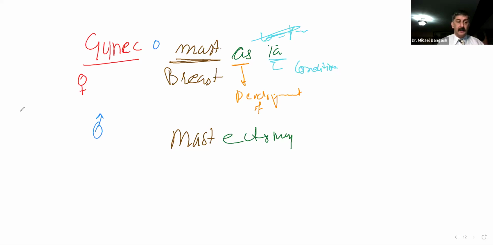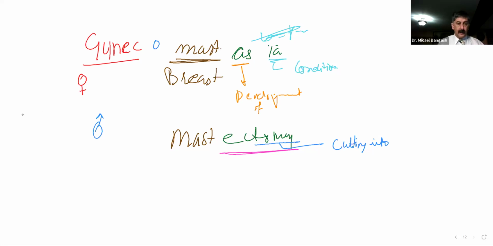Now ectomy itself is one suffix, but if you look at it, it's actually made up of two words. One is tomi, which mainly means cutting into.